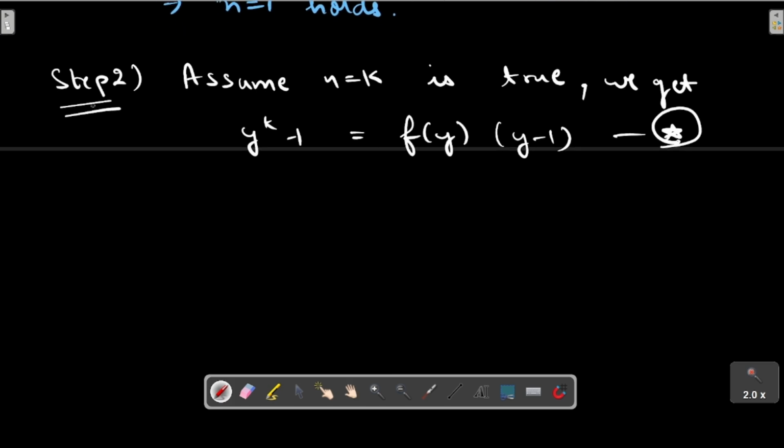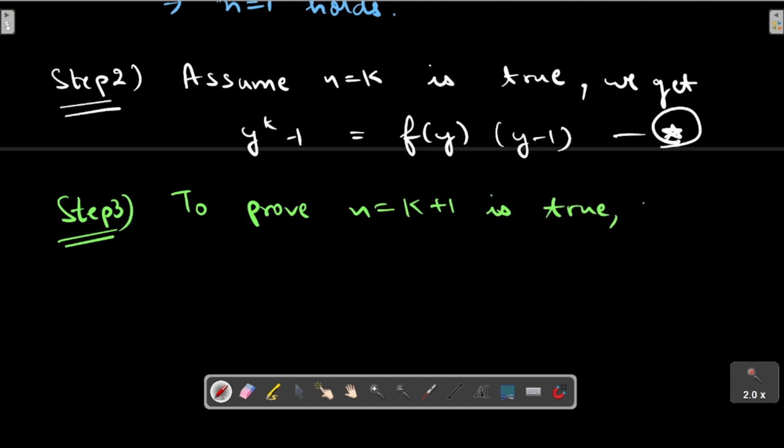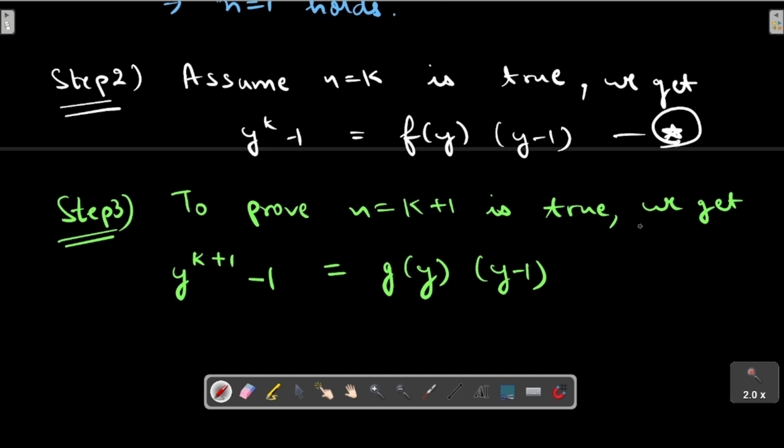Now, step 3. To prove n is equal to k plus 1 is true. This is the tricky step. So you have y to the power of k plus 1 minus 1. There should be a polynomial g of y such that this holds, right?